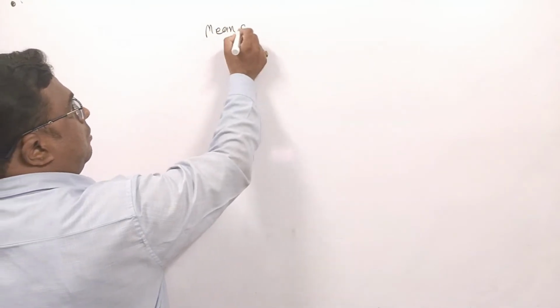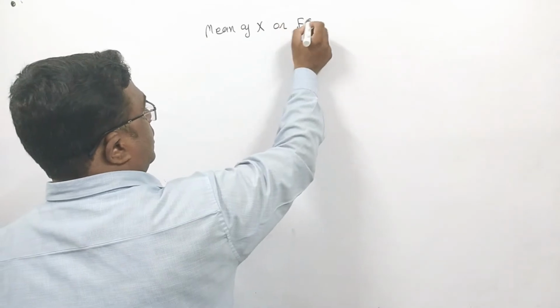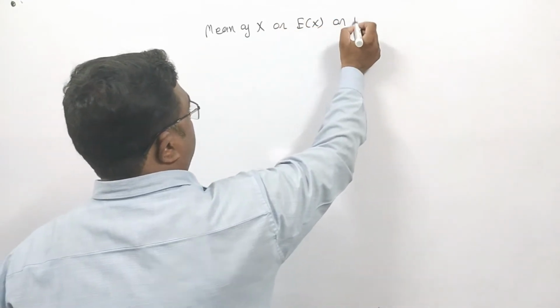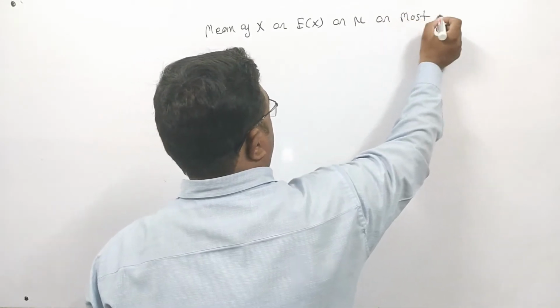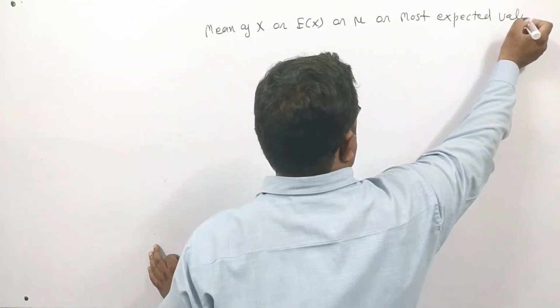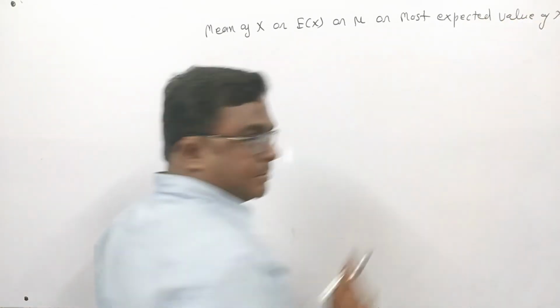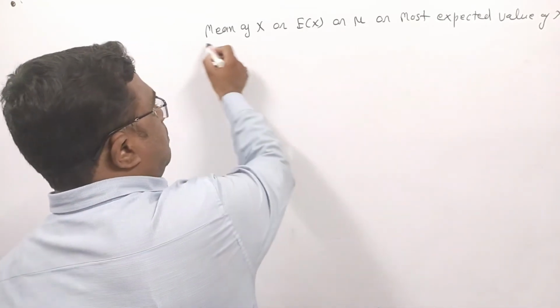Mean of X, or we denote it by EX, or mu, or most expected value of X. So there are many names for it.